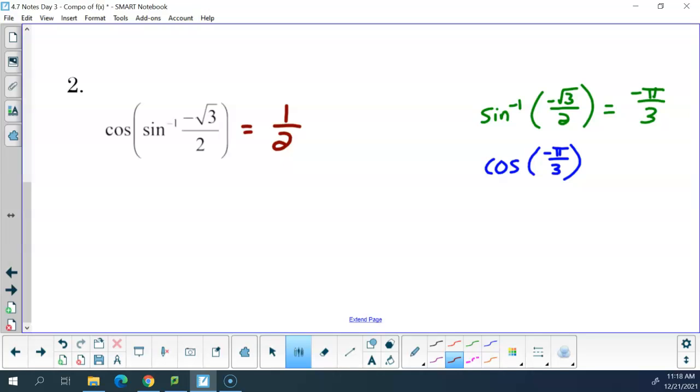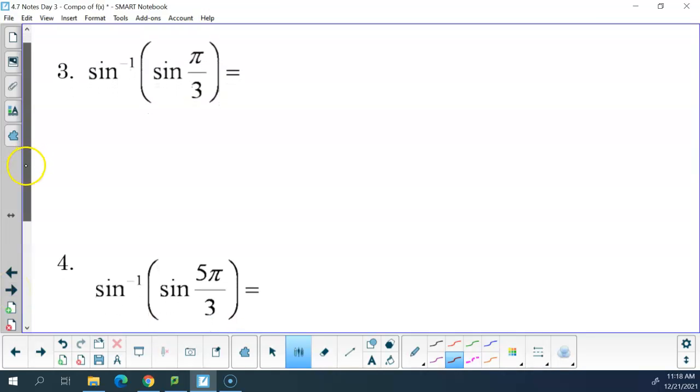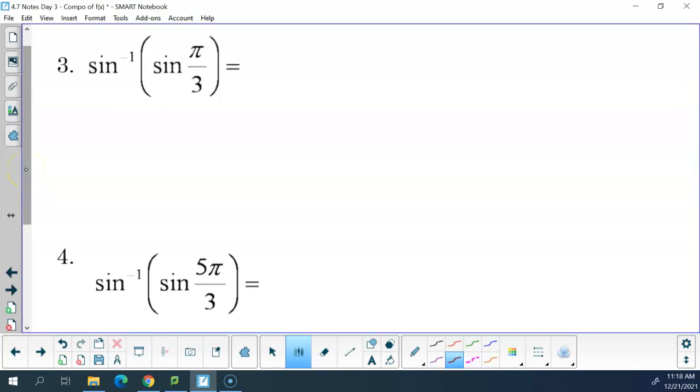Right here. So you guys find me those two. Sine at pi over 3. Sine of pi over 3 is square root of 3 over 2.